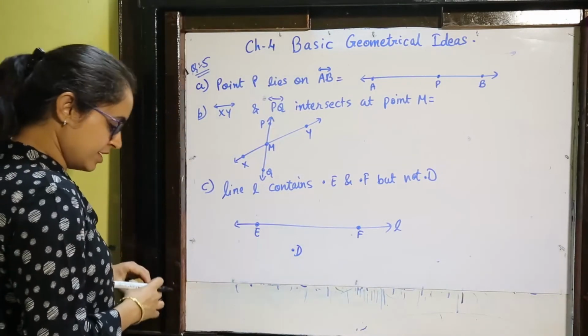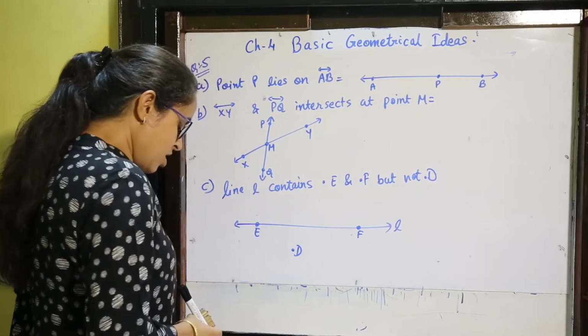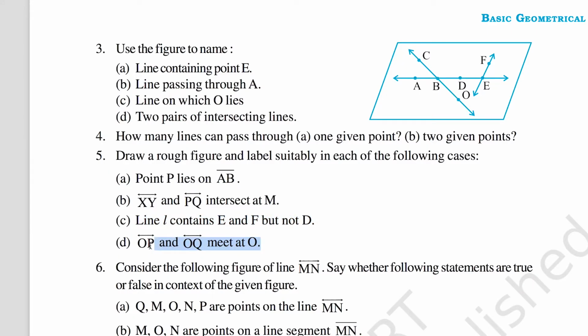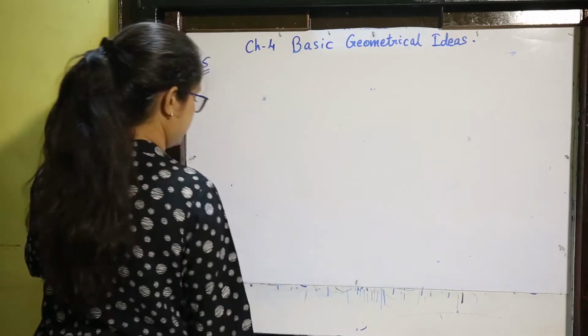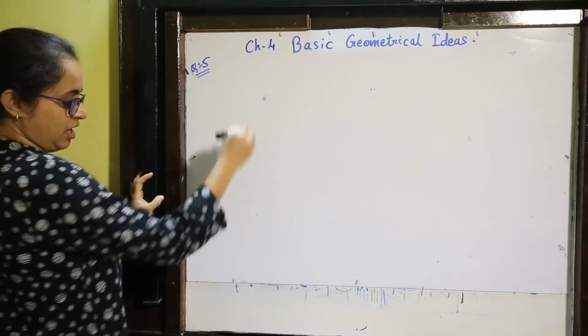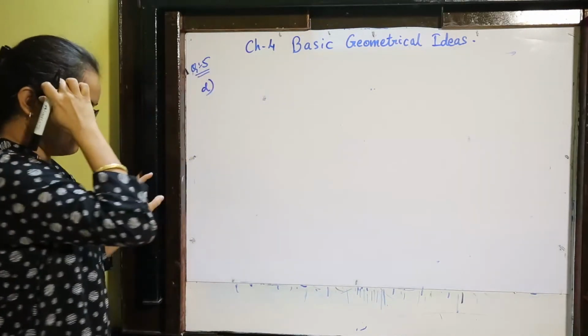Now the last question, D. D is lines OP and OQ meet at O. So I am doing direct drawing. You can write the question from the textbook. I am not writing the question, I am just drawing.